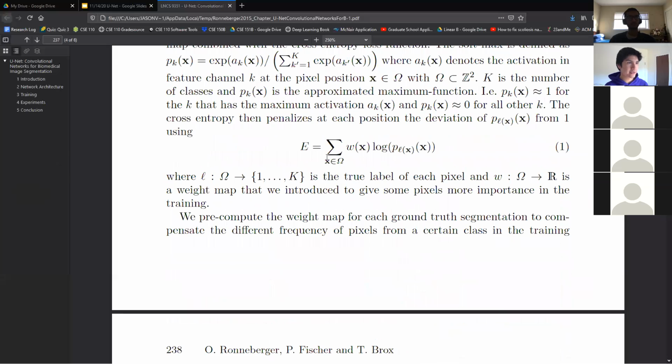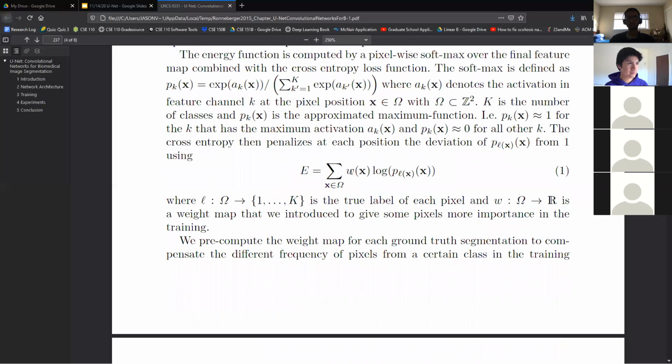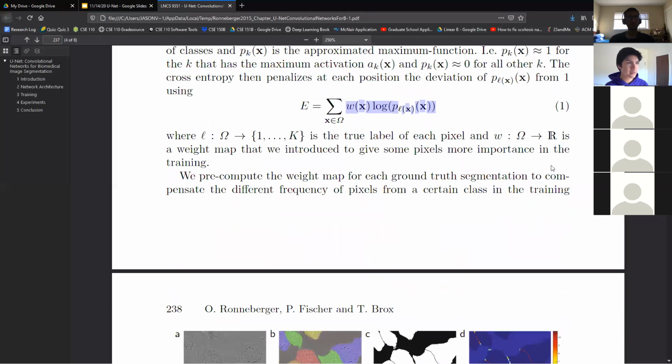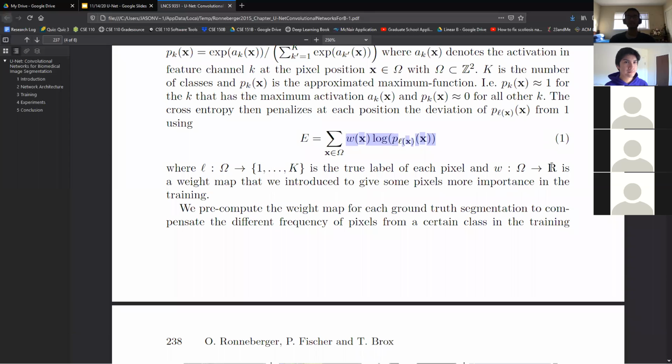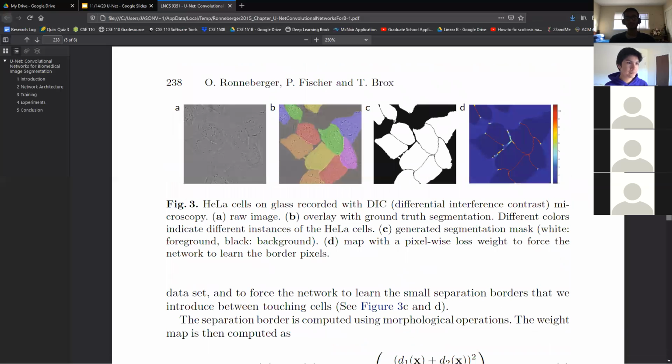So I think it's actually plotting this for each pixel. Yeah, I think that's kind of an intermediate step. I think that's what they use to then make the figure you see in figure 3C.